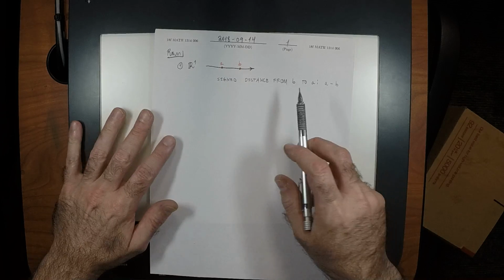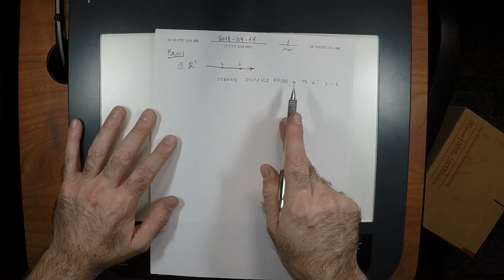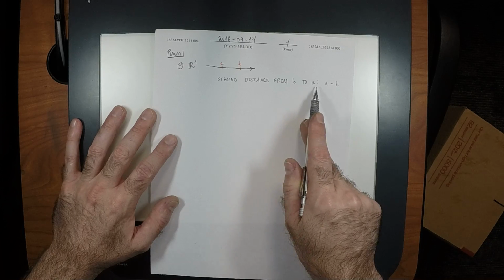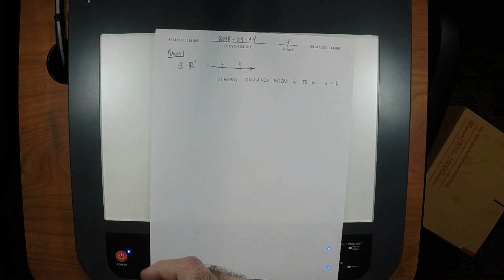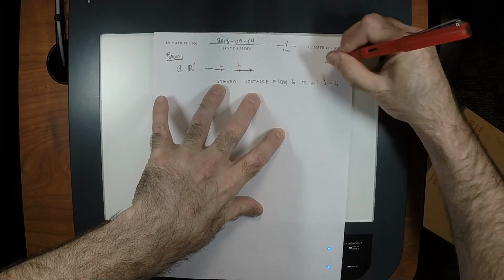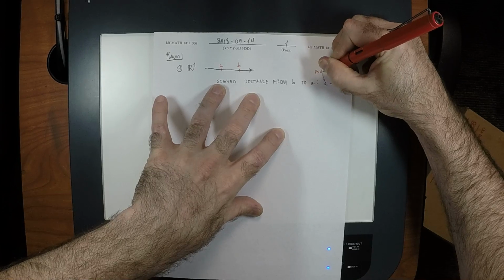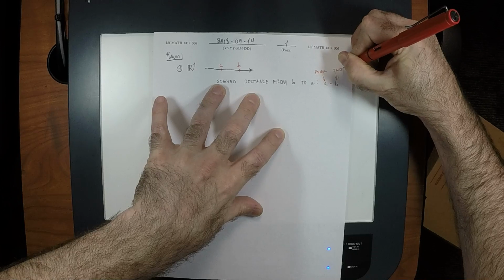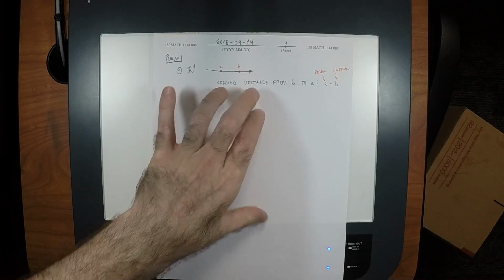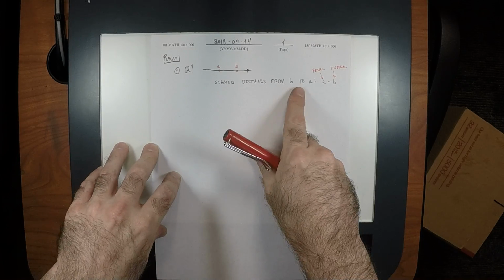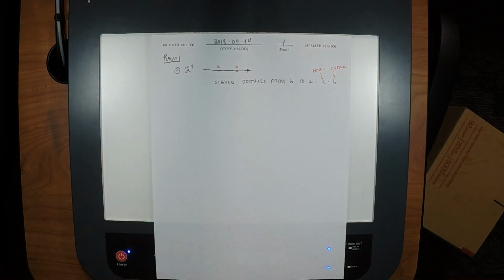Okay, so then, conceptually, you imagine what that means is that you're starting at B and ending at A. And if you've taken a physics class, they're fond of saying it in this kind of way, that it's always going to be final minus initial. Right? Final minus initial. So from B initially to A finally. Fine.